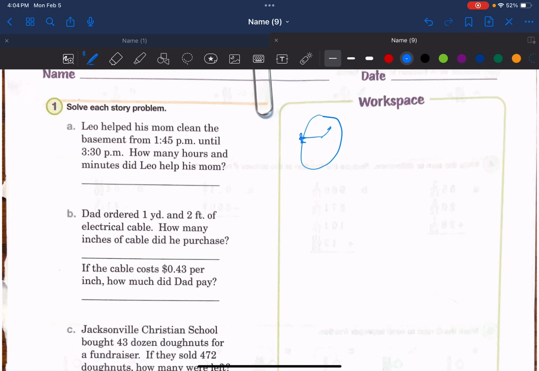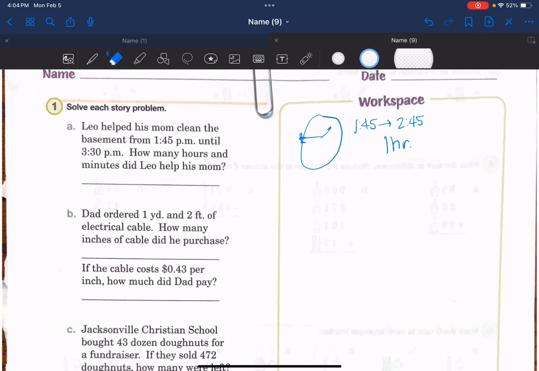So if I go from 1:45, one whole hour around, until 2:45, that's 1 hour. Now if I keep going, one more hour, I would get 3:45, and that is too much. So here is 1 hour.